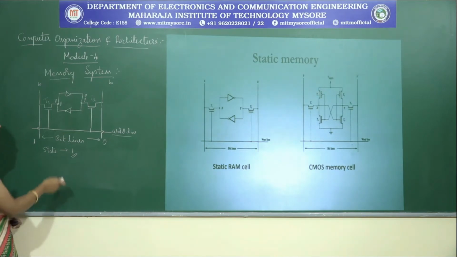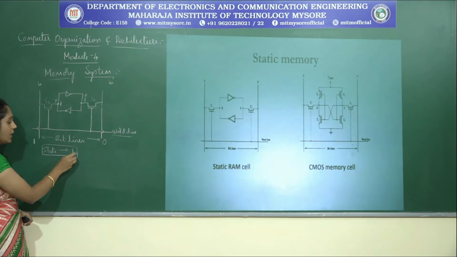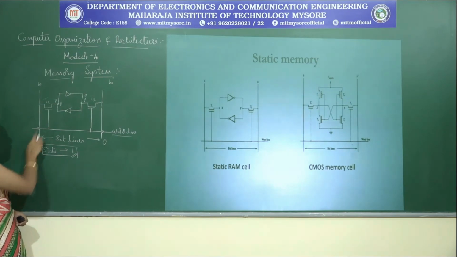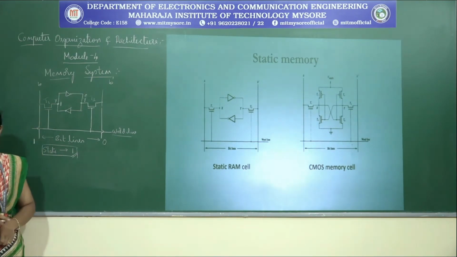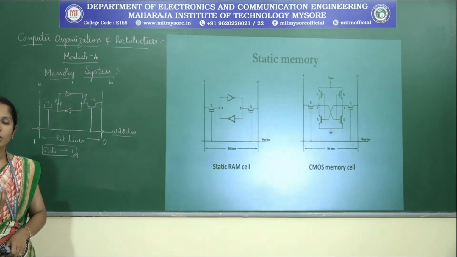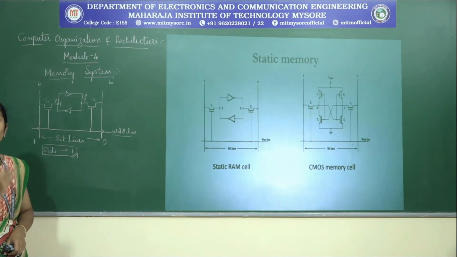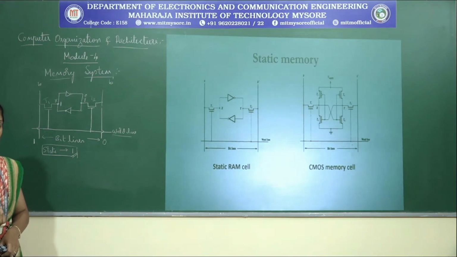So the state which is represented as 1, we have in B. This will be connected to the sense or write circuit, and that circuit is going to check the value and give it to the data input or output line.